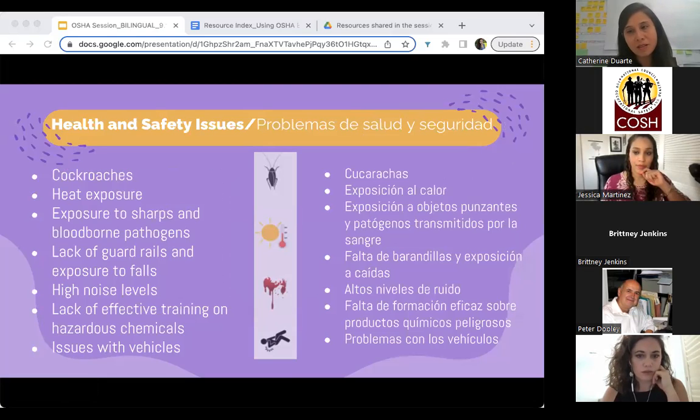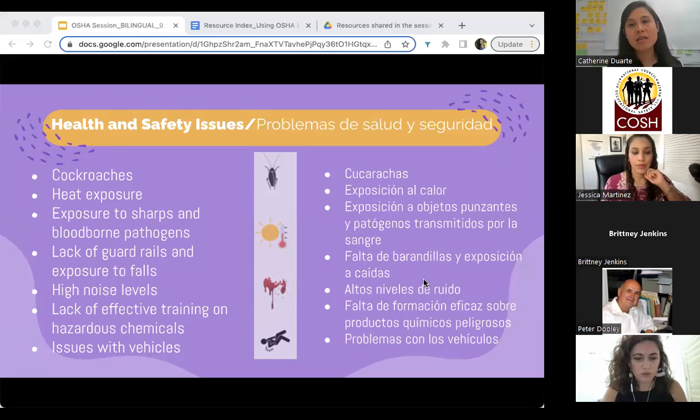So when we were talking with these workers in South Florida, and also based on the experiences of previous airport campaigns that we have done, we were able to find many hazards. Some of them are exposure to cockroaches in many different places, and heat exposure. If you think about the people placing the luggage onto the planes, they're outside under the sun, exposed to whatever the weather is, and in Florida that is the heat.